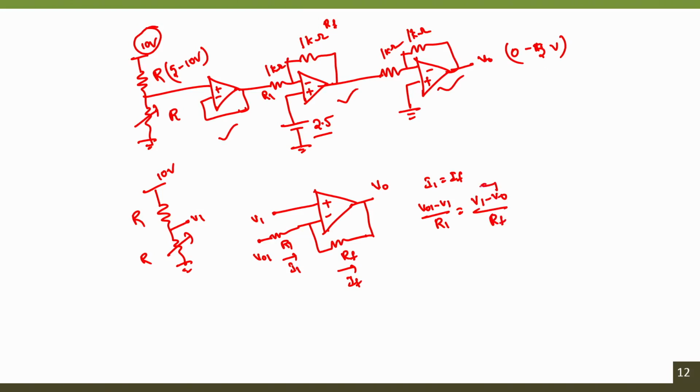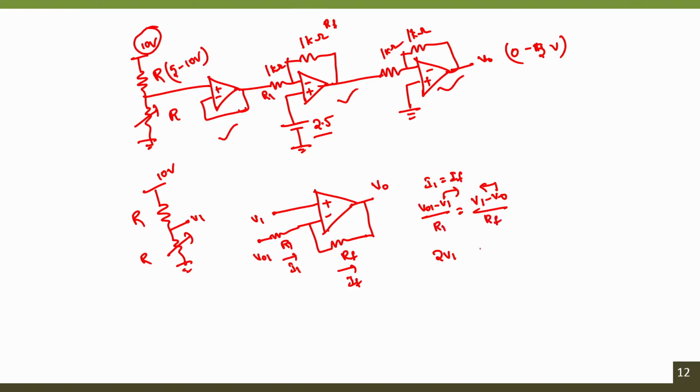So, taking V naught in this direction, V1 in this direction, 2 V1. If R1 is equal to RF, R1 can cancel together, or let me not consider R1 and RF as the same. So, R1, RF.